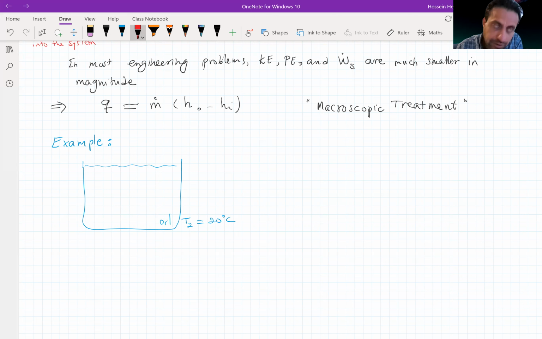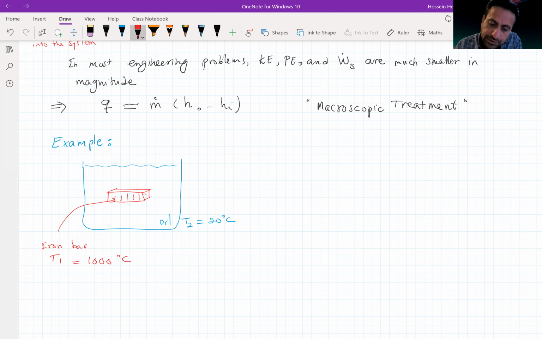And let's say we have an iron bar that we are going to cool down in a process. Okay, so this is the iron bar, and let's say we have this iron bar at another temperature. I'm going to put T1. Let's assume 1000 degrees C.